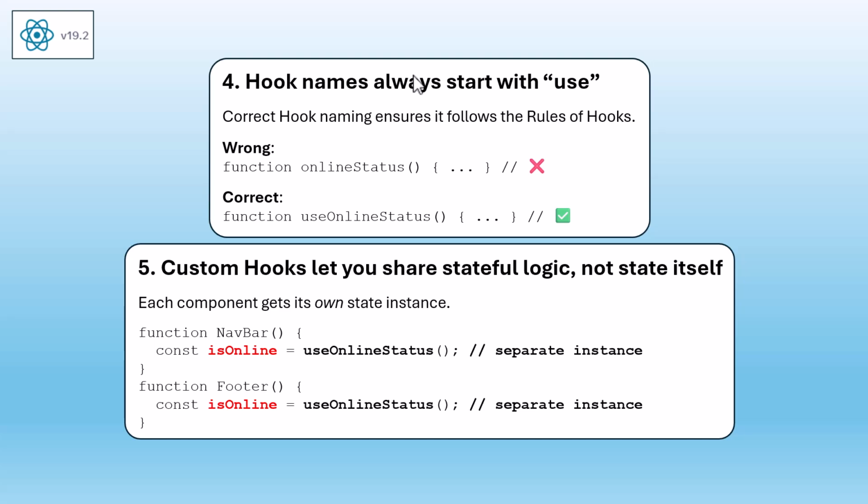The components may appear to react in unison, for example, both noticing going offline at the same time, but behind the scenes they are each running their own instance of the hook. If you do want components to share the same piece of state, that is a different pattern, one you'd achieve via state lifting, context, or some external store, not simply via a custom hook. Understanding this distinction helps avoid subtle bugs where you think you're sharing state but you're not.